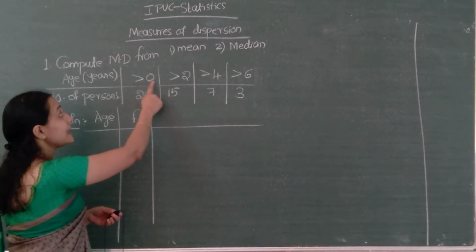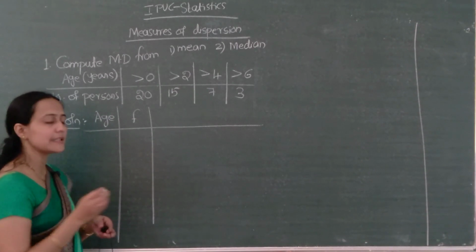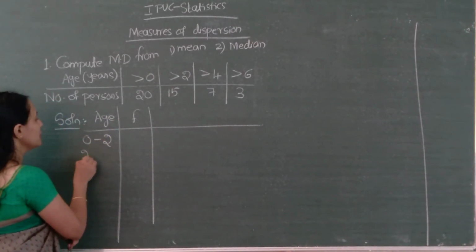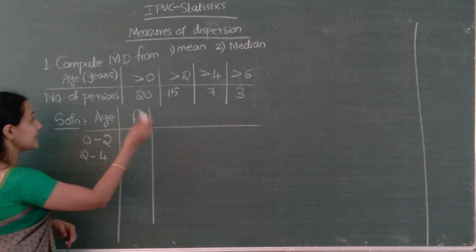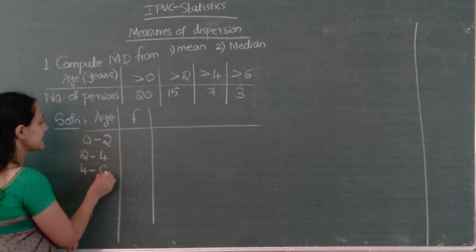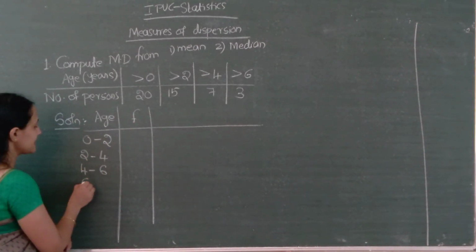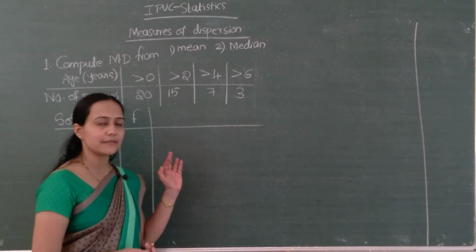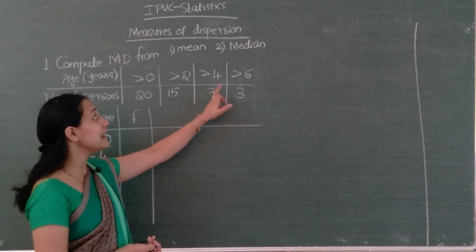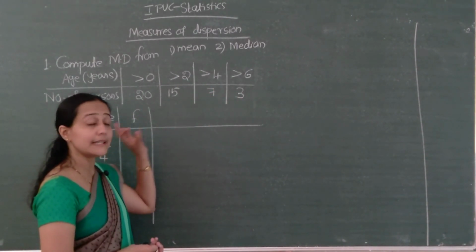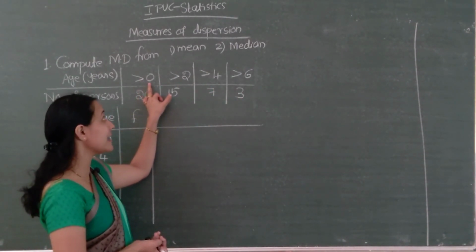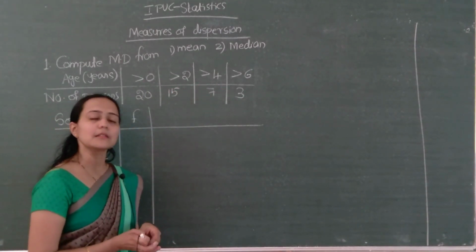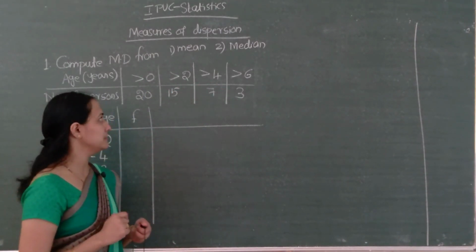Greater than 0 means 0 to 2, greater than 2 means 2 to 4, greater than 4 means 4 to 6, greater than 6 means 6 to 8. How did I come to know that the class interval is 2? Just see the differences: greater than 0, next greater than 2, greater than 4, so we can conclude that width equals 2.